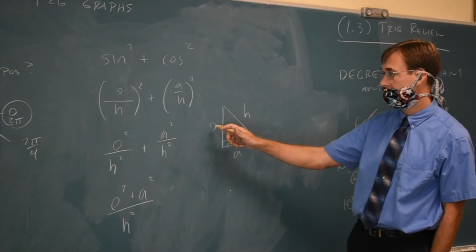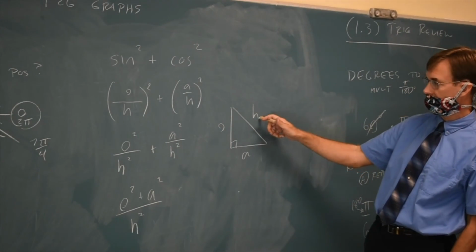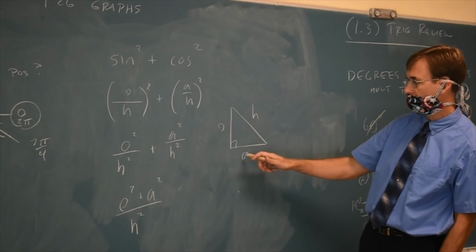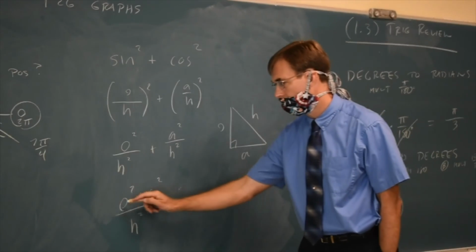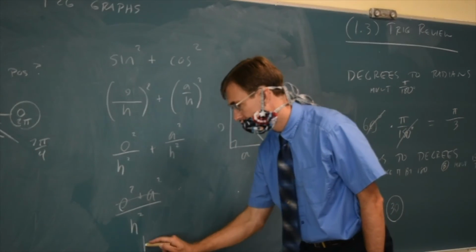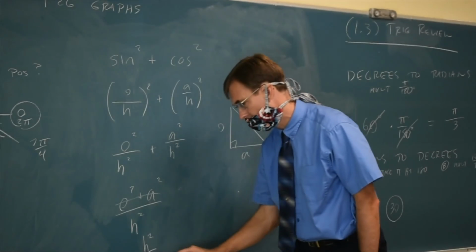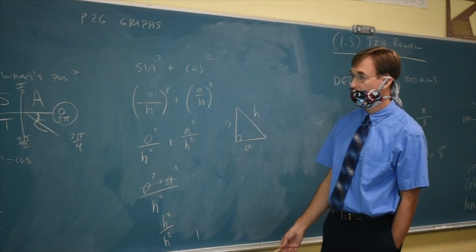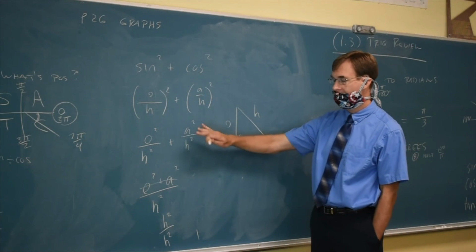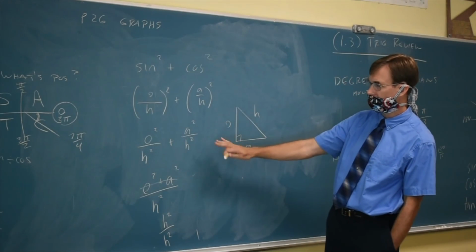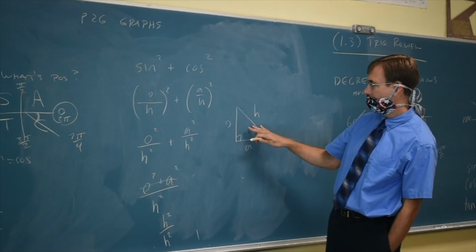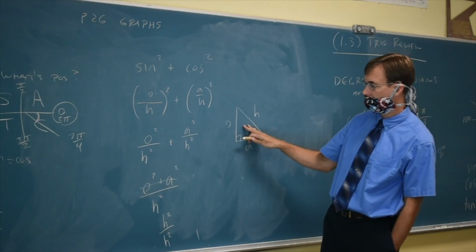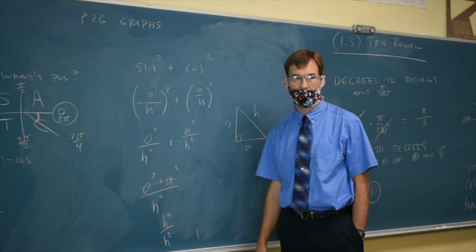Pythagorean theorem says a squared plus b squared equals c squared kind of stuff. O squared plus a squared is h squared. So this is h squared on top of h squared, which is 1. And that's what we were trying to show, that it would equal 1. By playing Oscar Had a Heap of Apples games and a little bit of cleaning up when we can, and reliance on this picture and the Pythagorean theorem, it just works.